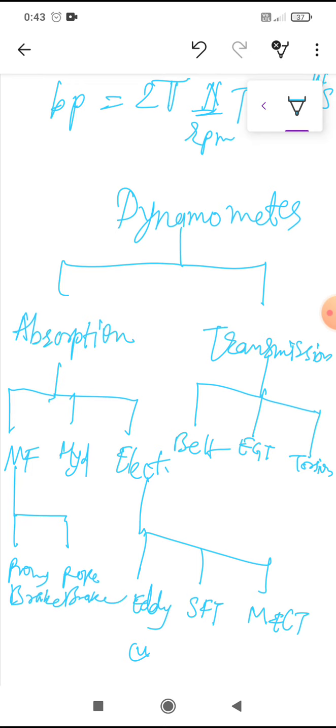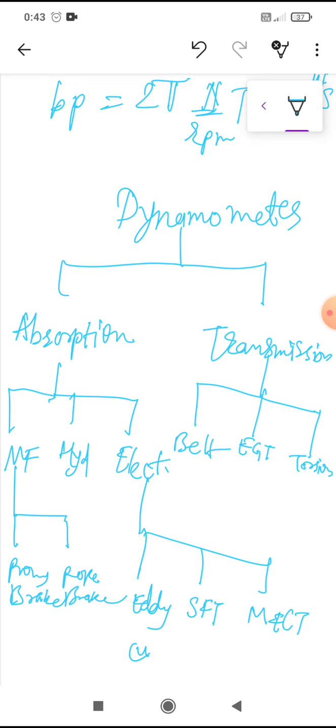The concept of the dynamometer, the principle, is the same. There is just a construction difference in each one. The principle remains the same. Now we will see the next topic, that is friction power.